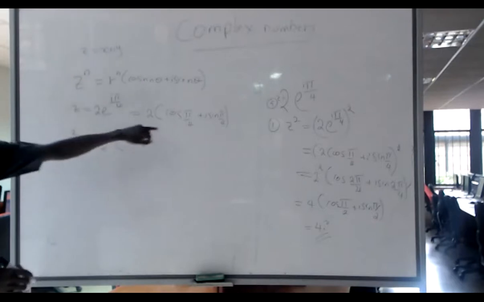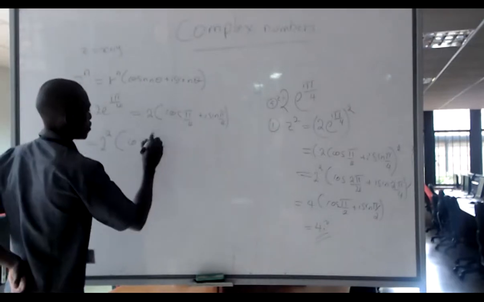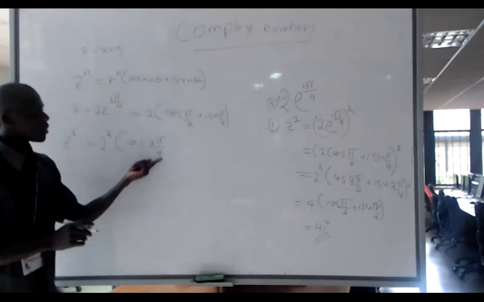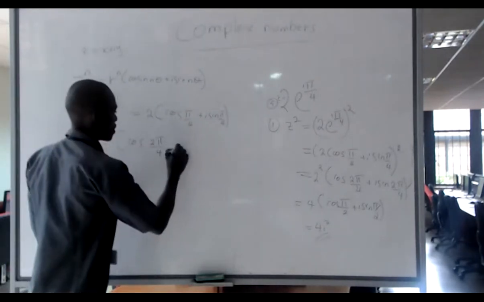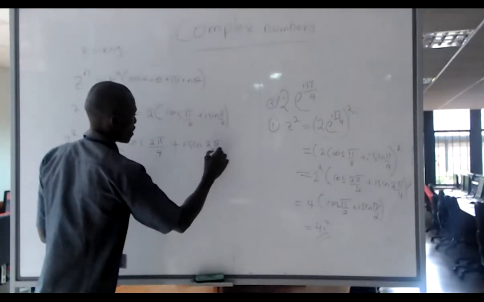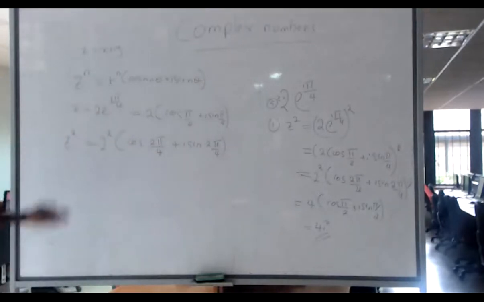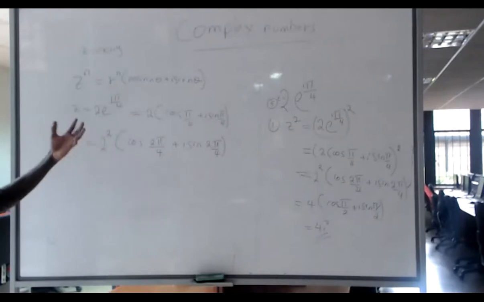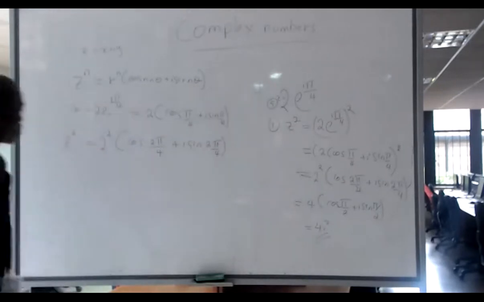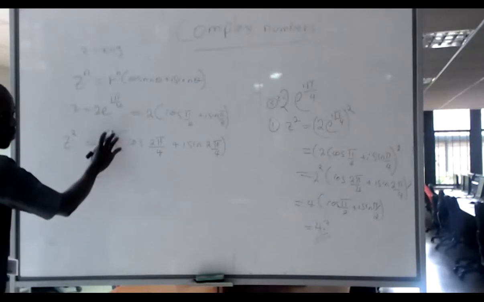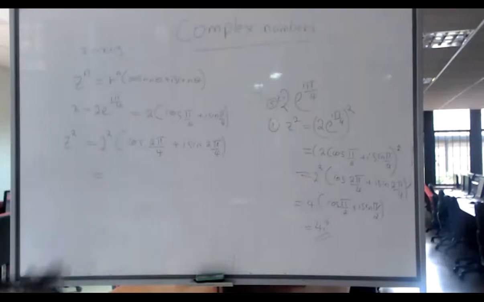So cosine of 2 times pi divided by 4 plus I times the sine of 2 pi divided by 4. Of course, you can leave your answer at this stage. It's not a problem. But you can carry on the simplification if you want. 2 squared is 4, okay? Yes, 2 squared is 4.